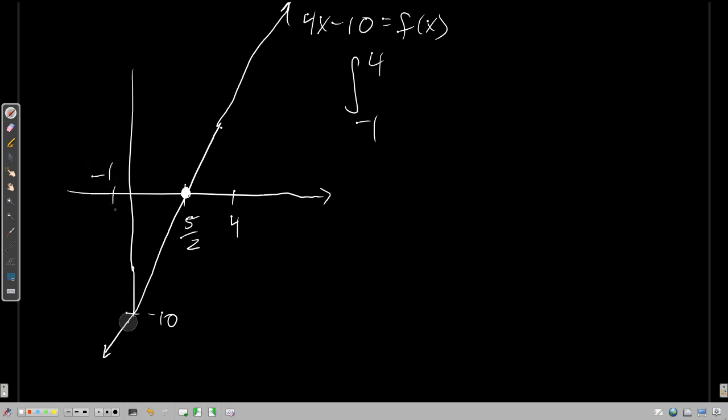And there's -1. So our total area would be the area of this triangle plus the area of this triangle. We want these areas.